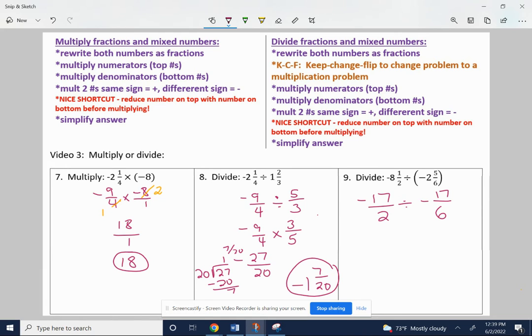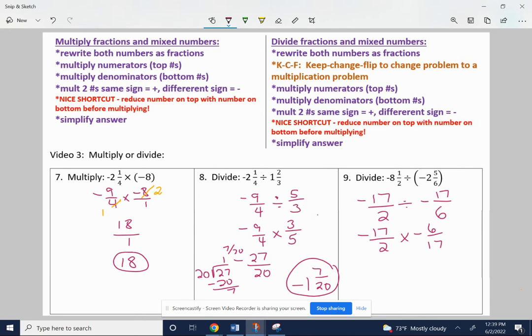Now we can copy, change, flip, or keep, change, flip. Keep -17 halves, change divide to multiply, flip over -17 sixths to be -6 seventeenths.